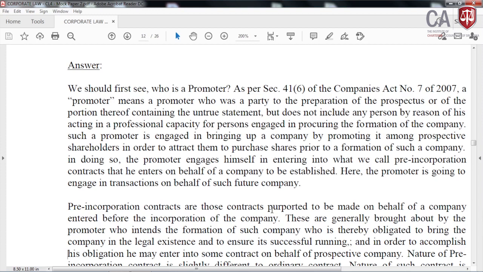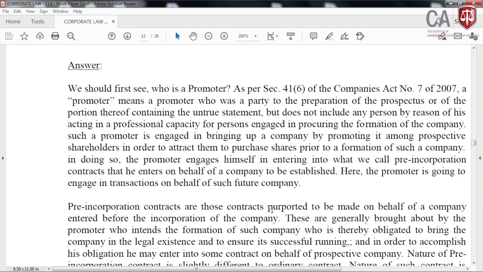A lawyer who is preparing the documents for a company, or an accountant who is preparing certain projected financials of the company, are not considered as promoters, because what those lawyers and accountants are doing is professional work in their professional capacity.